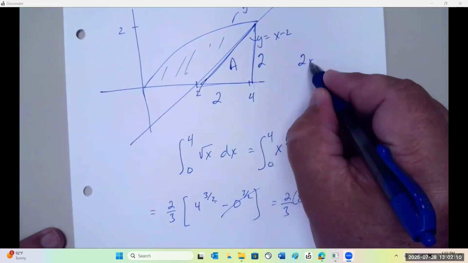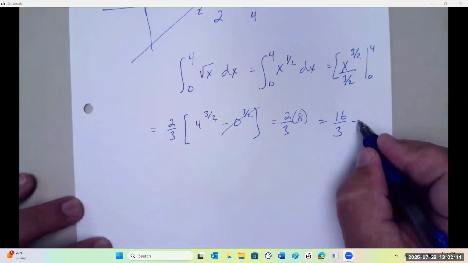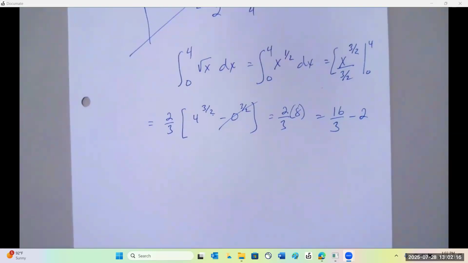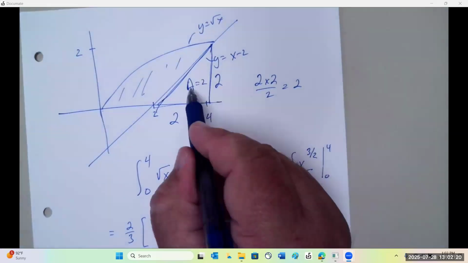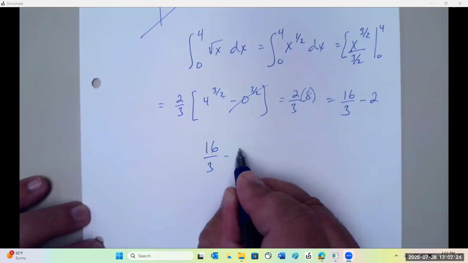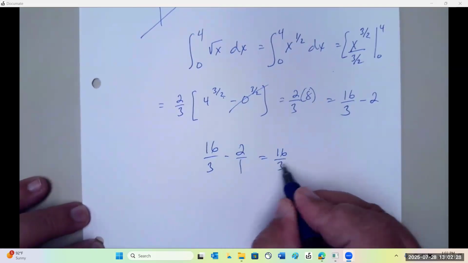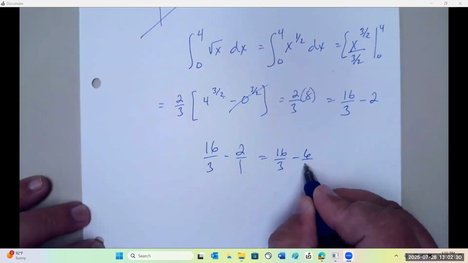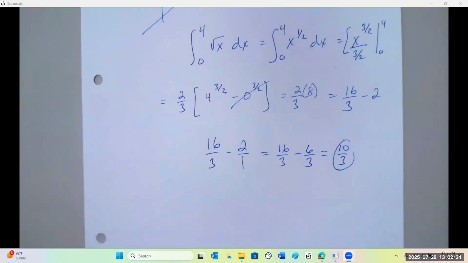So 2 times 2 divided by 2 is 2. So if we subtract 2 from that, we have 16 over 3 minus 2 over 1. We get the same answer.